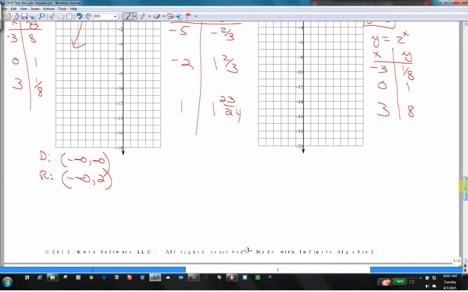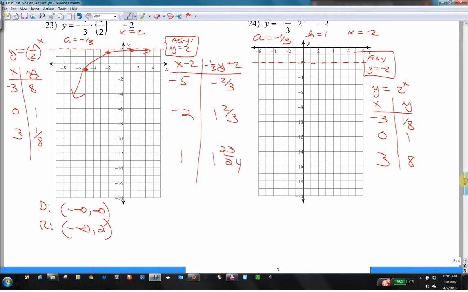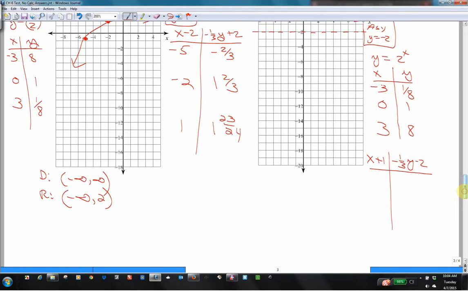Hope I have enough room. So I've lost the shifts. Let's see what they were. So I'm going to have x plus 1. And the y is going to be -1/3 y minus 2, it looks like. Okay, so there's my graph.